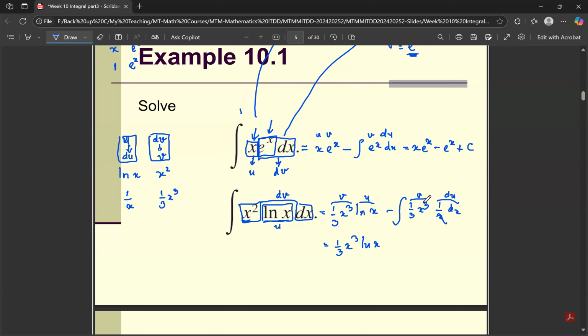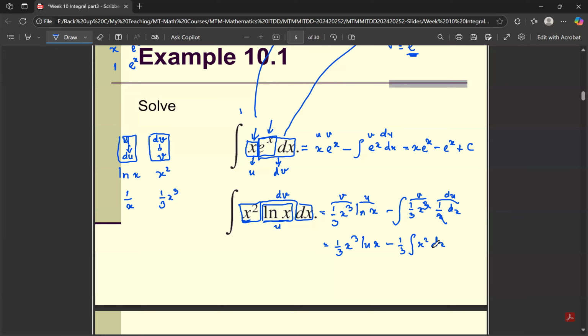Here we can cancel out 1 x, and then 1 over 3 can be pulled out from the integral. So this will be x squared dx. Okay, this is the integral on the right.